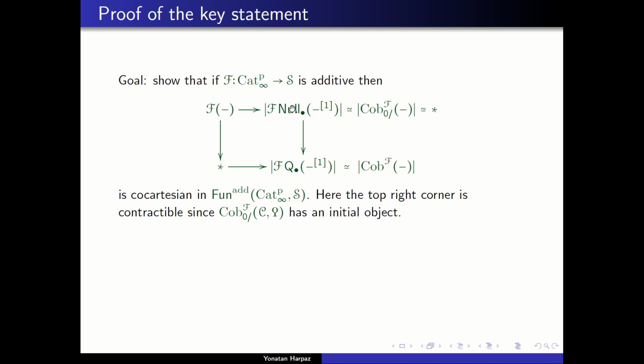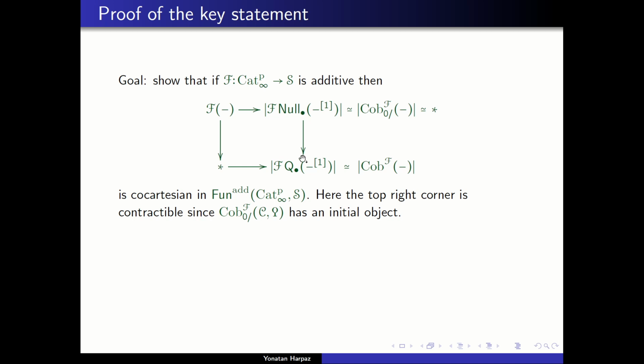If we look at what happens at null n, then before taking geometric realization, this simplicial object in spaces encodes a related infinity category. You take the F-based cobordism category and you slice it under 0. So it encodes the infinity category of objects in the F-based cobordism category equipped with the morphism from 0.